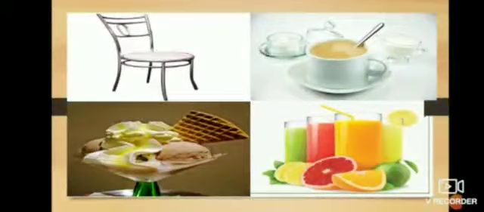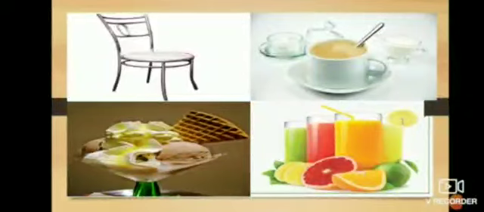And the spoon that is kept inside a hot liquid like tea or coffee, when you remove it from that liquid and touch the spoon, you feel very hot. And if you touch fruit juices, you feel very cool. By touching some objects, you feel hot, and other objects you feel cool.